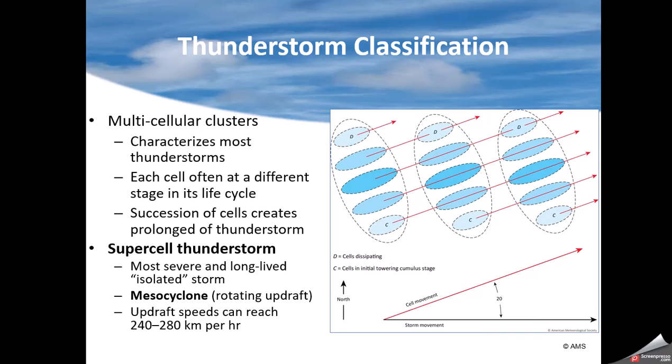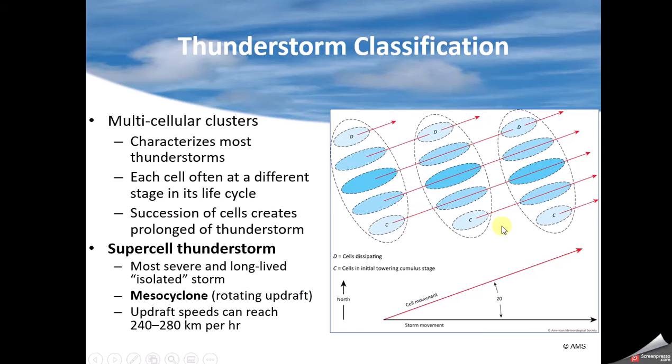So here you can see a multi-cell cluster. The cell movement is to the northeast, but there is always a new cell forming on the southern end of this line. So because of that, that new cell, which moved up to here, but there's been another new cell and another new cell.